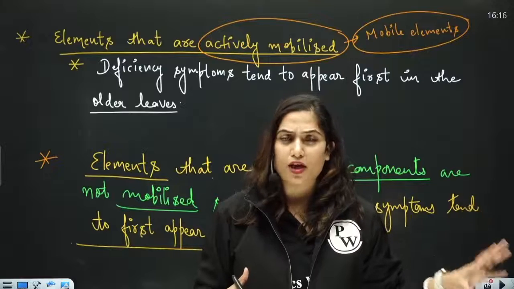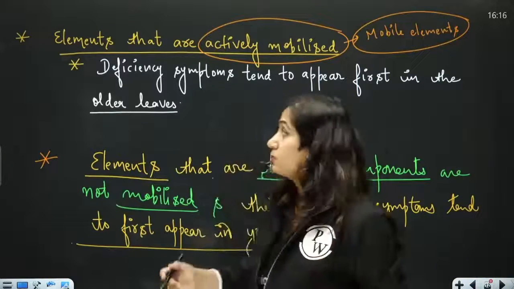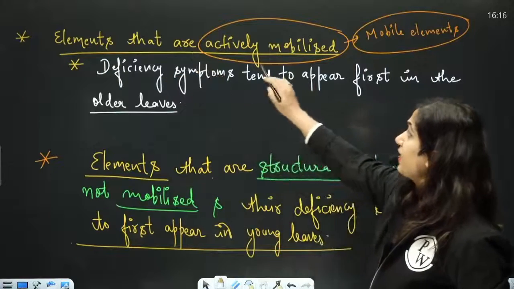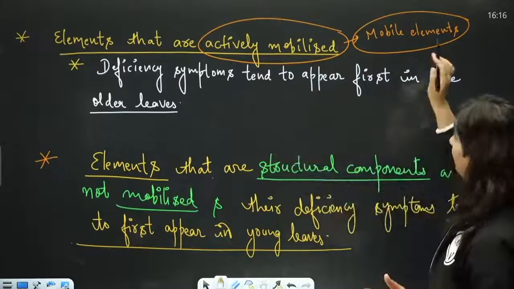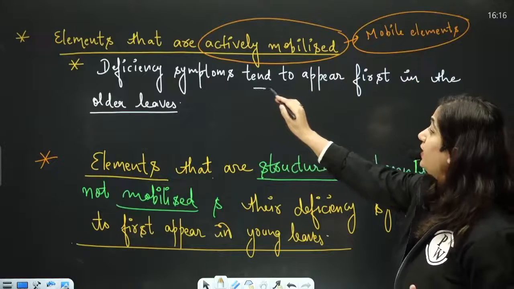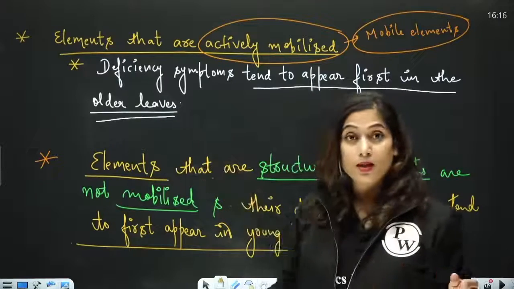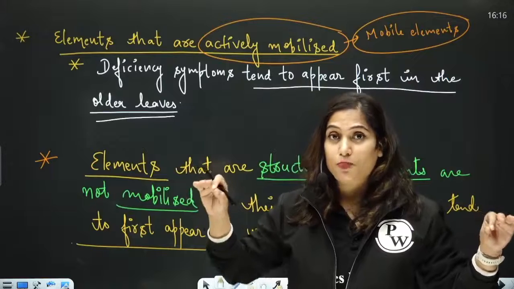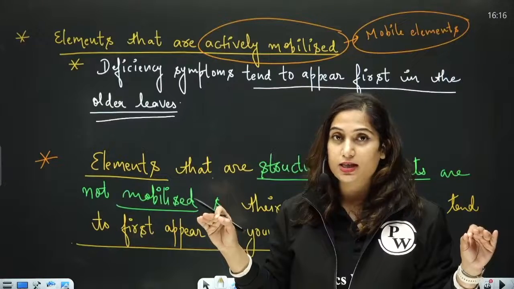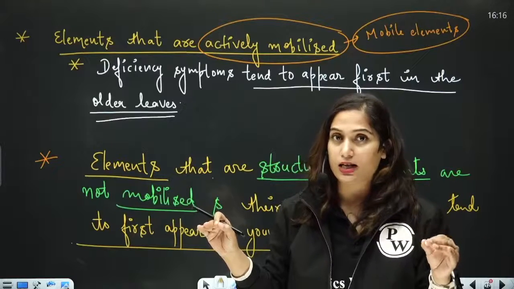Now, two very important statements written in NCERT. Direct questions come. Elements that are actively mobilized, which are mobile in nature, their deficiency symptoms tend to appear first in the older leaves. If the plant has their deficiency, it will first be seen in the older leaves.